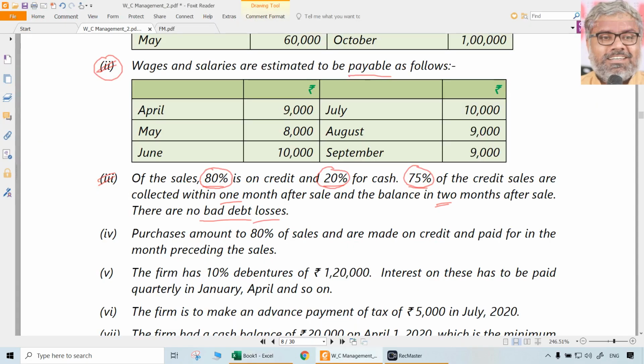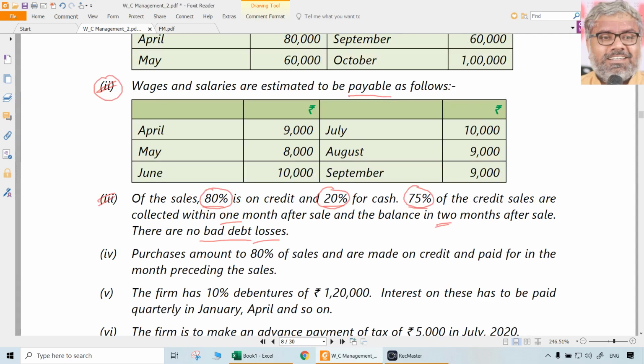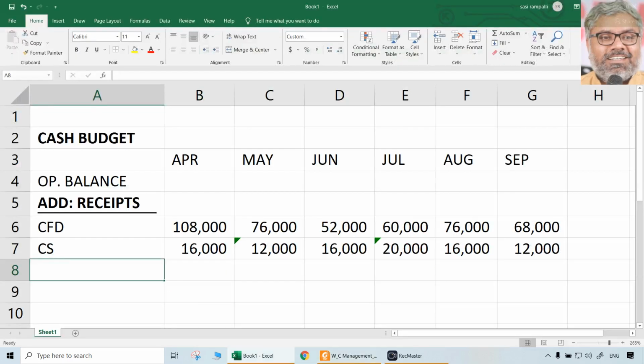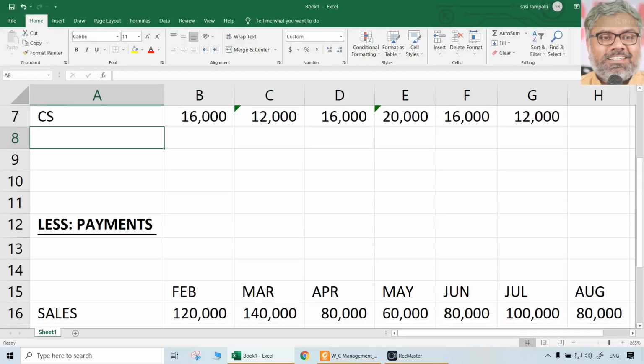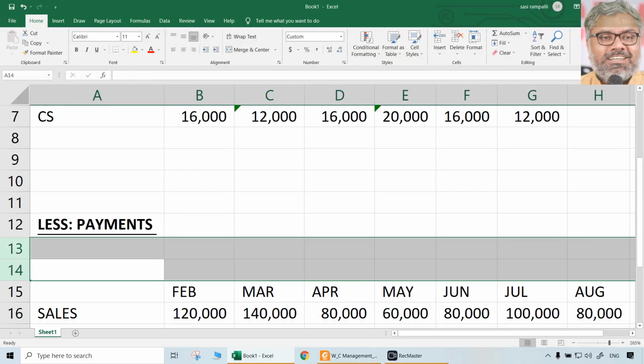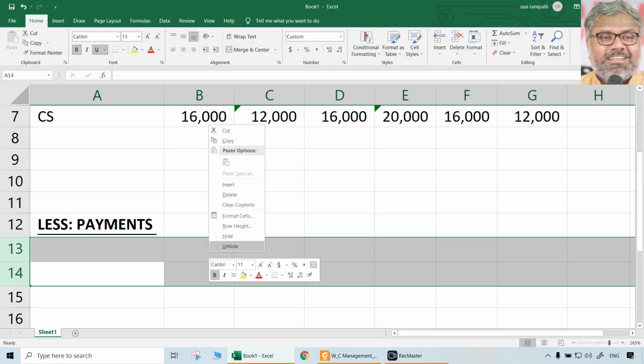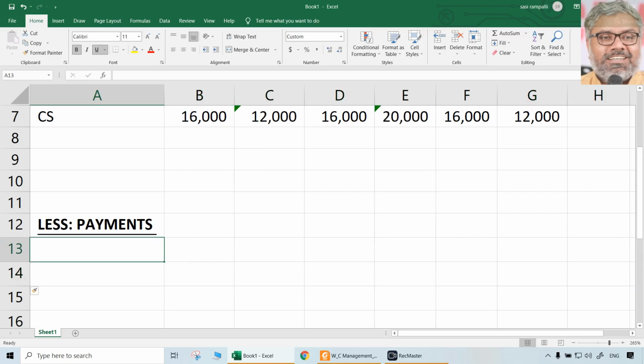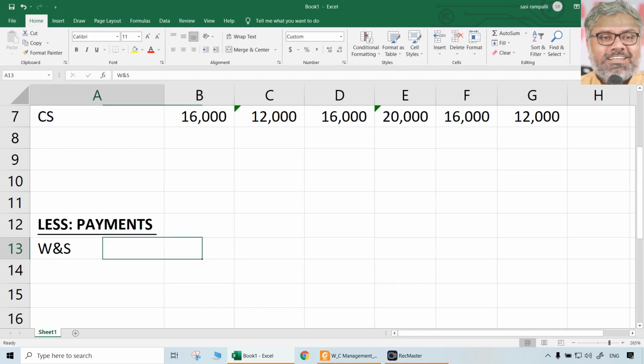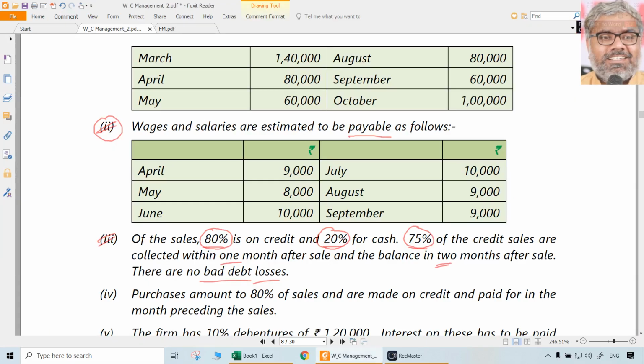Done. Cash sales, done. Then wages and salaries already given. So directly we can take it as one of the payments. Wages and salaries. How much will be wages and salaries? As given, directly we can take that, copy paste. They are payable as follows given.